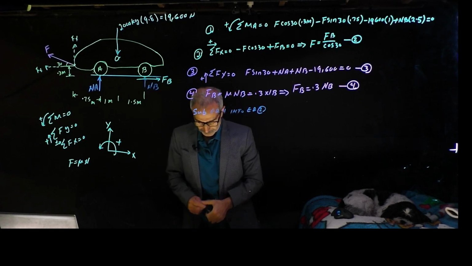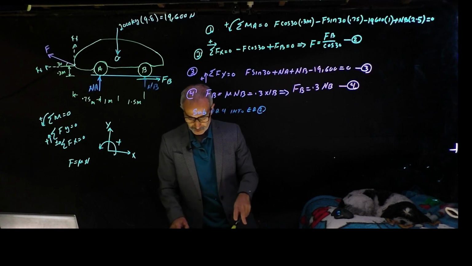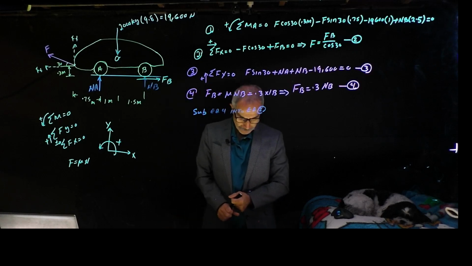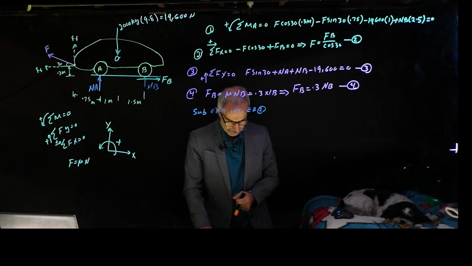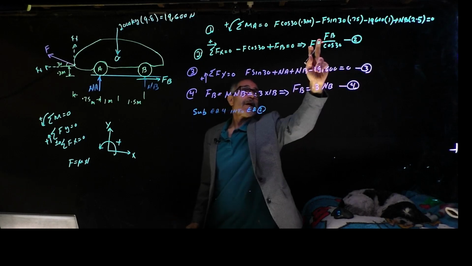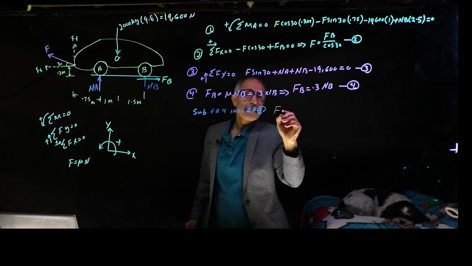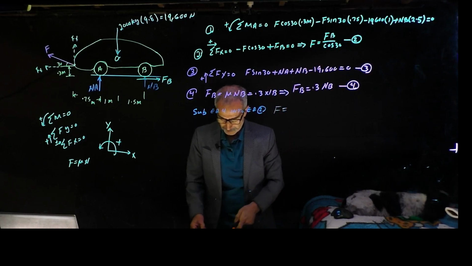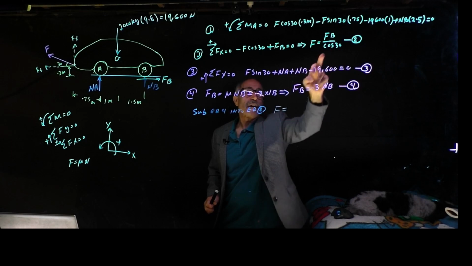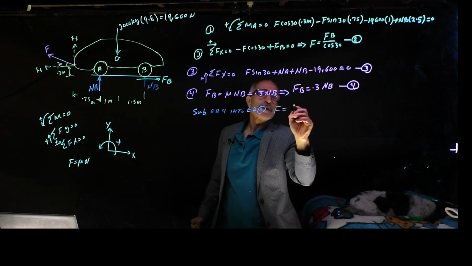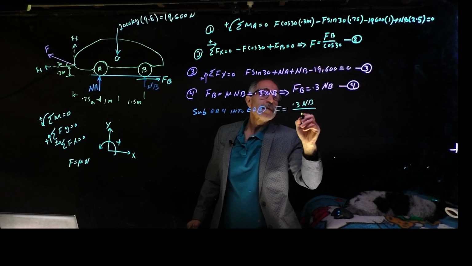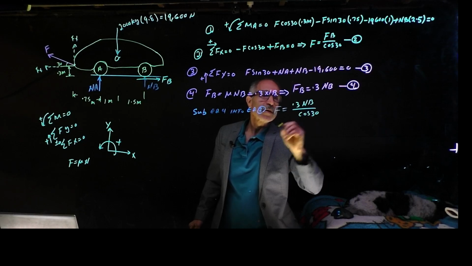Okay, let's use a different color. These colors, they do not do good. Maybe this one is good. So I've got F right there. I'm having an issue here. I've got F right here. And instead of Fb, I'm going to put down 0.3 NB divided by cosine 30.